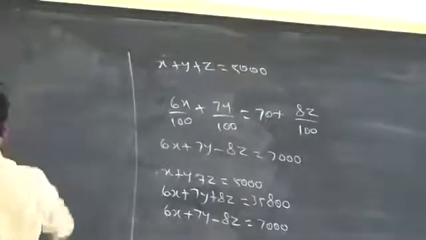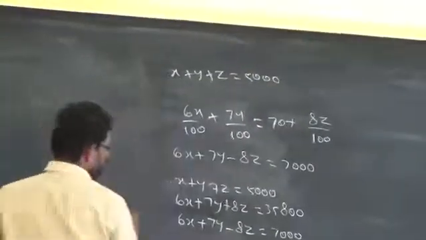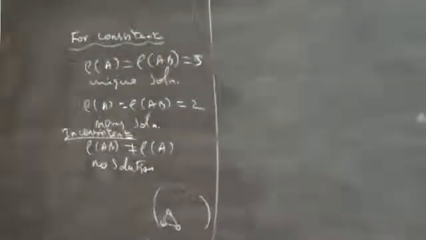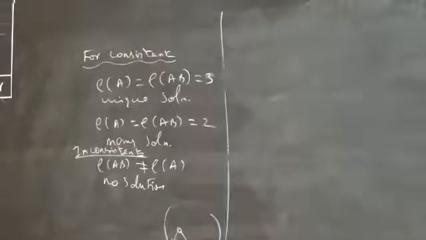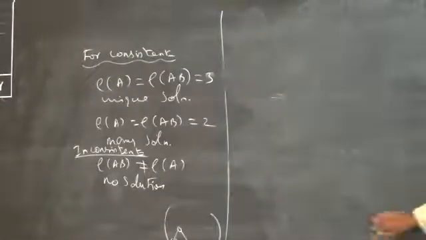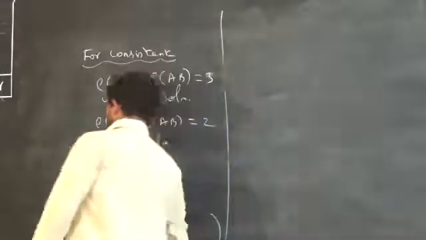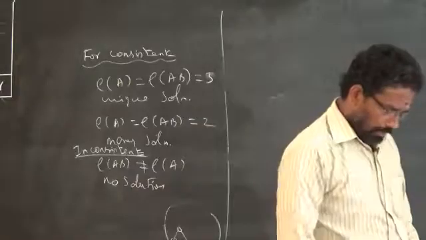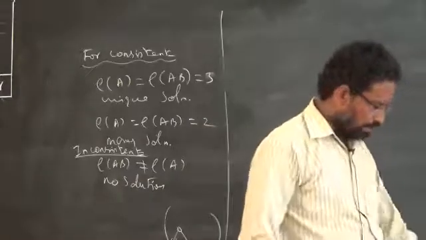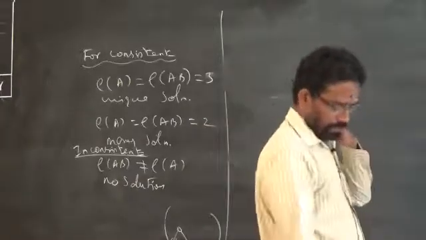If you do the problem by the simultaneous or elimination method, then you are not awarded marks. So see the question properly and answer accordingly, whether it is rank method or elimination method. There are no problems given in the exercise, only examples, so I will teach only one example, then we will go to the next concept.